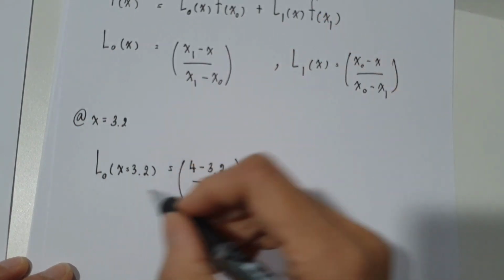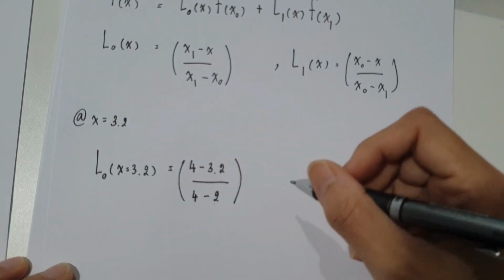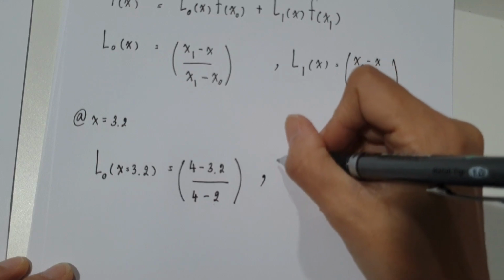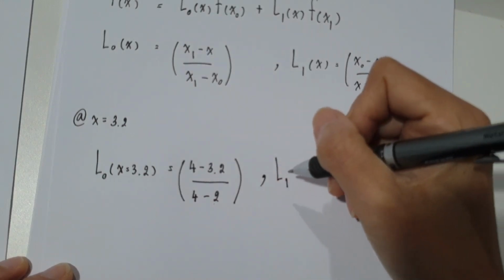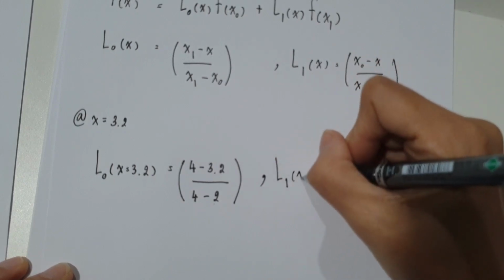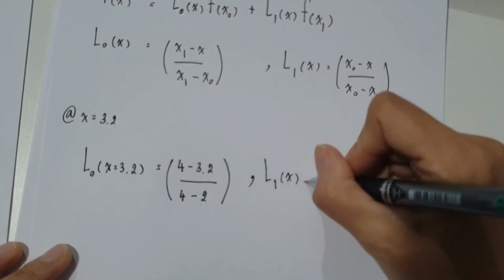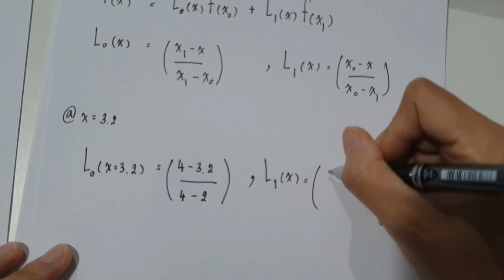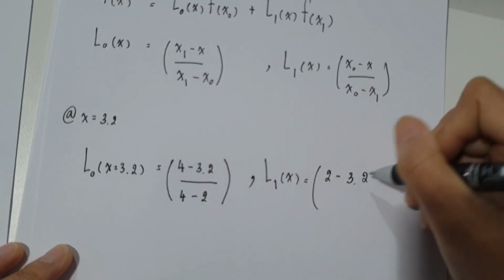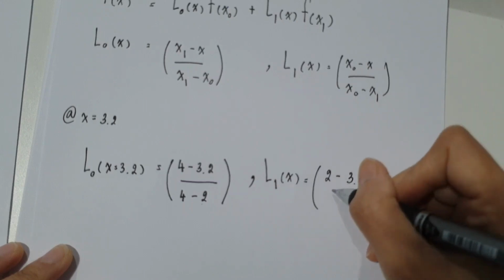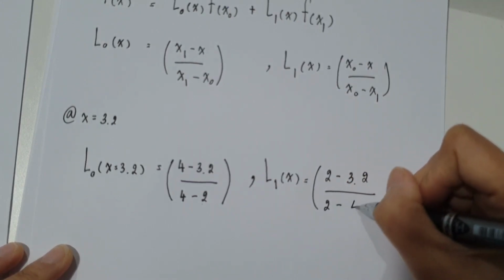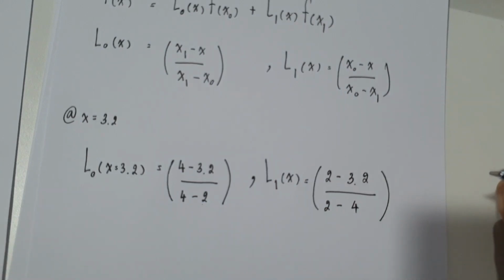Okay, this is L0. And also L1 is x0, which is 2, minus 3.2, divided by x0 minus x1, which is 4. So it's here.